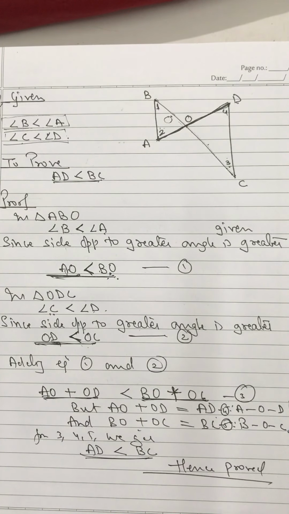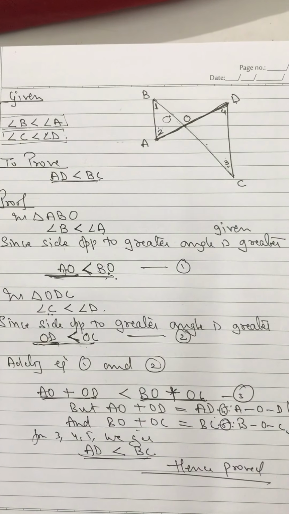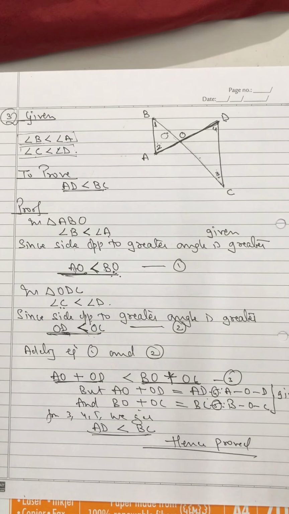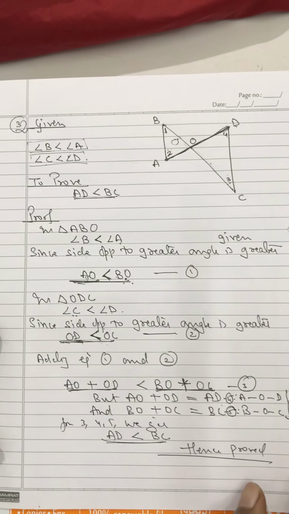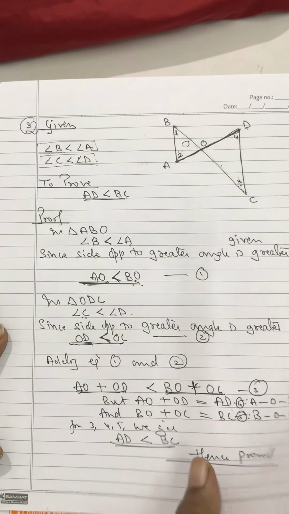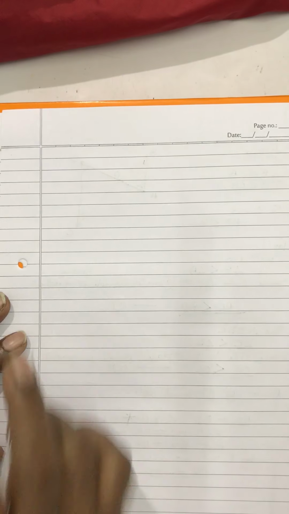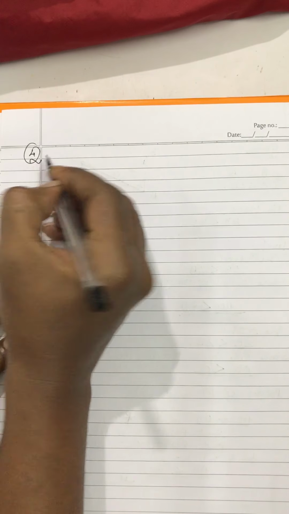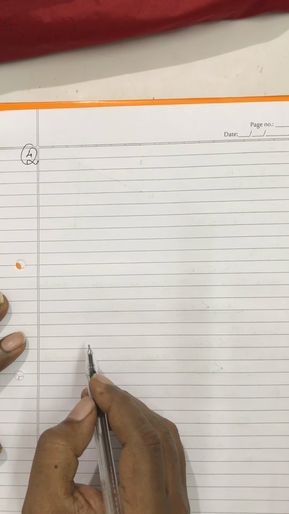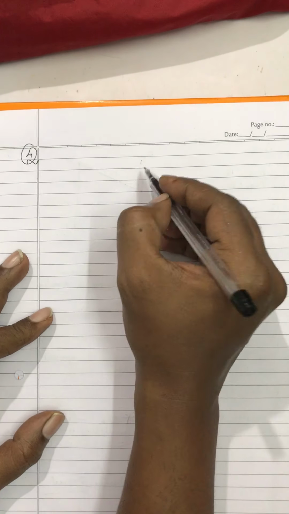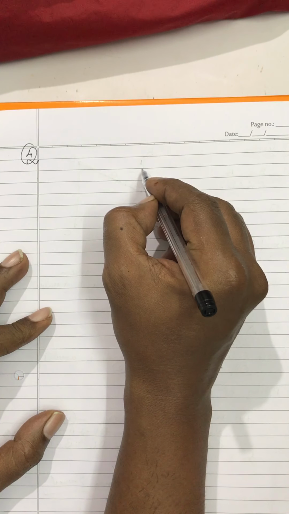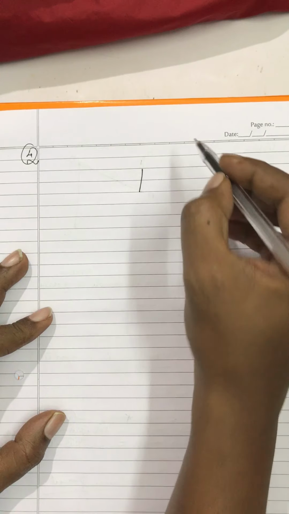Okay, my dear students, so with this I hope you all are understanding what is happening in the question. Then we move forward to question number 4. Here they have given a quadrilateral. Again, if you see, it is not very different from the first one.